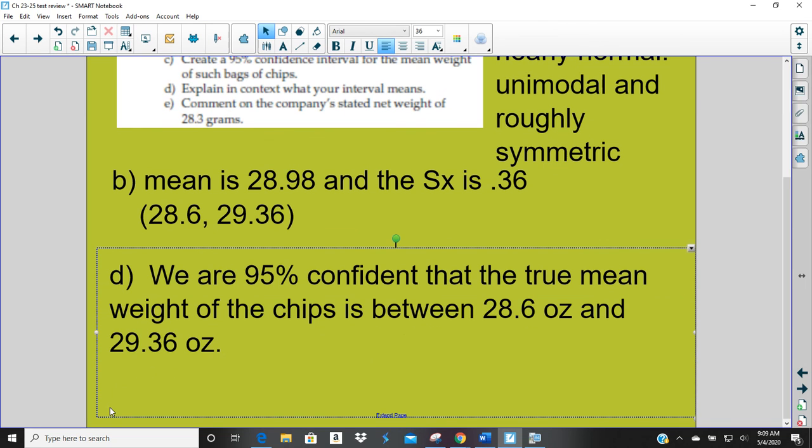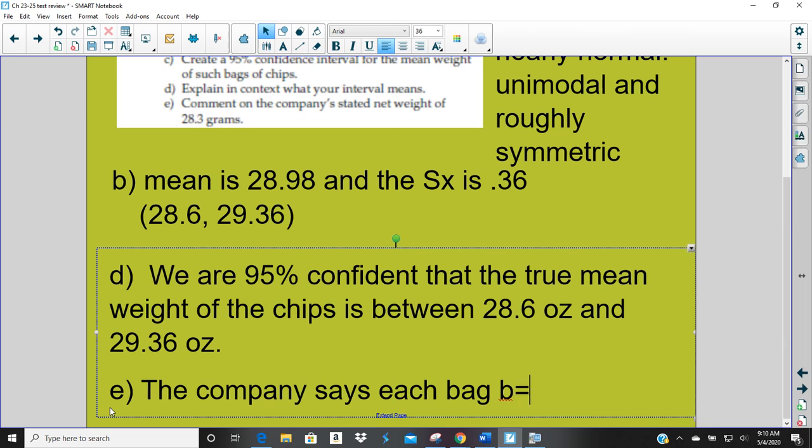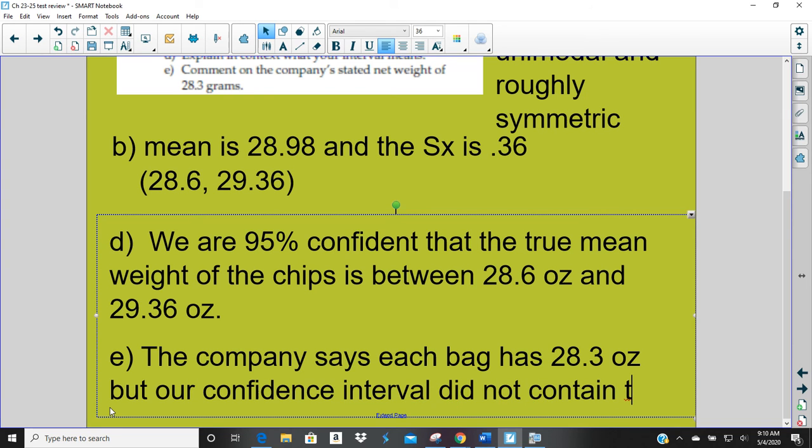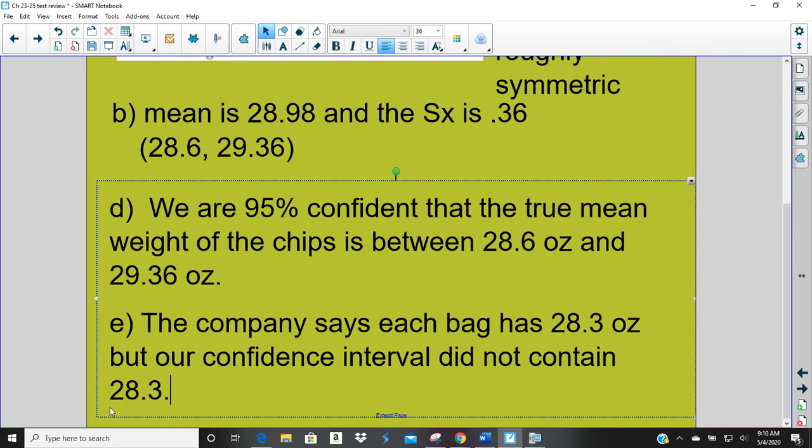Comment on the company's stated weight of 28.3 ounces. What would you say about that? The company says each bag has 28.3 ounces, but our confidence interval did not contain 28.3.